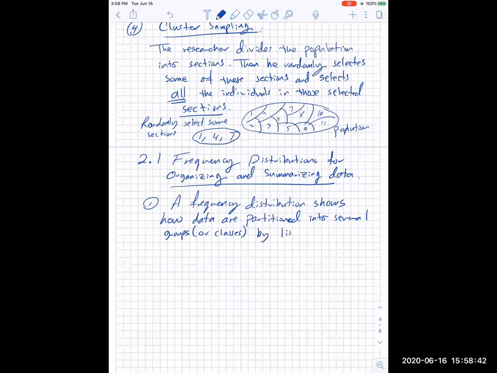By listing the class along with the frequency of data values in each class.